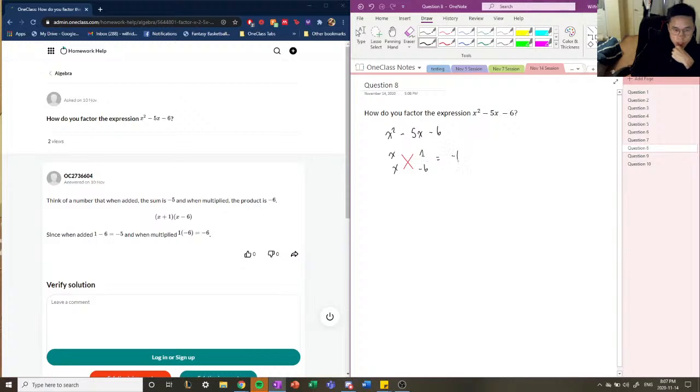It's negative 6x plus x, we get negative 5x. So now we have found our factors, which are x plus 1 and x minus 6. And therefore, x squared minus 5x minus 6 equals x plus 1 times x minus 6.